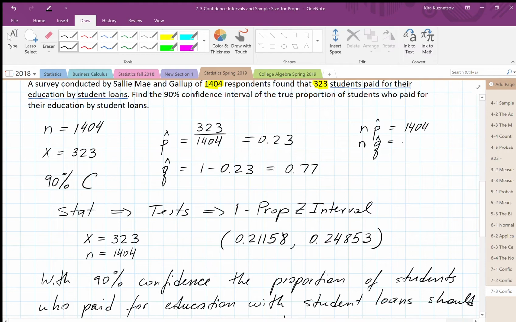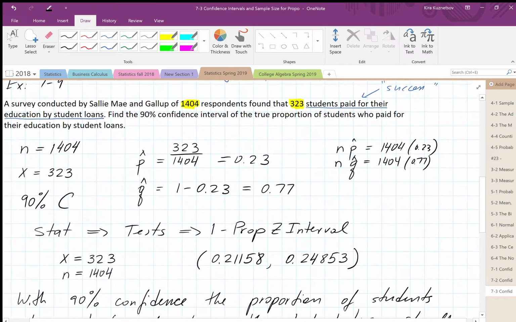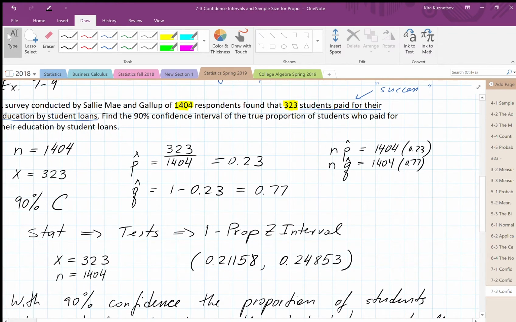All you really need to do is just write this down. The p-hat is 0.23, the q-hat is 0.77. This number I already know it's 323, which is greater than 5.